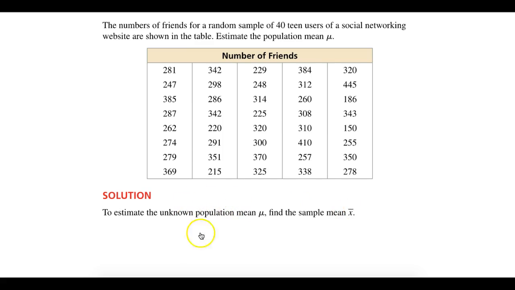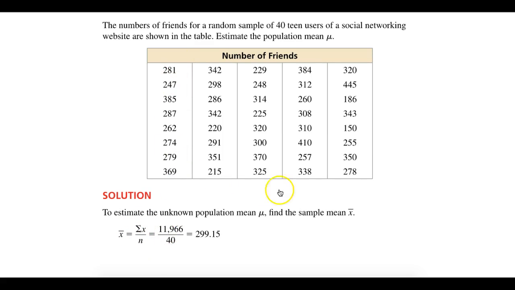So we want to know the population mean, which is mu, and the sample mean is x with the bar on top of it. So to find the mean, all you do is you're going to take the sum of all of these values and then divide it by the number of values, which is n. So remember, summation of all of our values divided by the number of values.